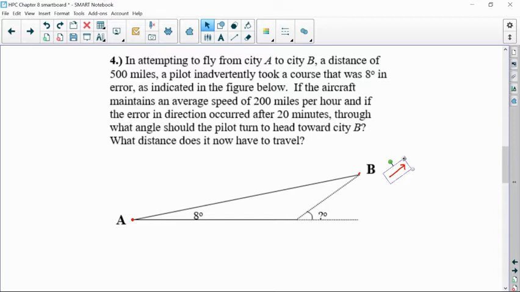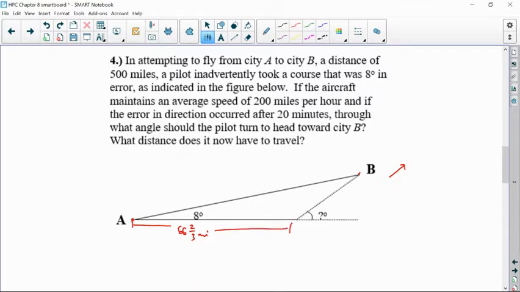So if I do 200 divided by 3, to get that distance, that's 66 2/3. So this distance here I know is 66 2/3 miles, since it took me 20 minutes before I realized my error.